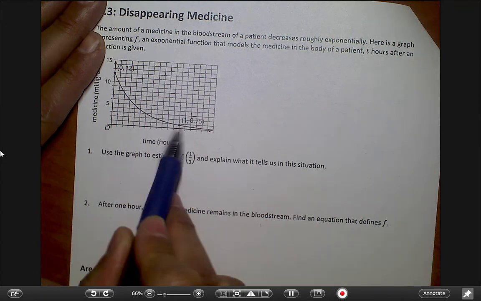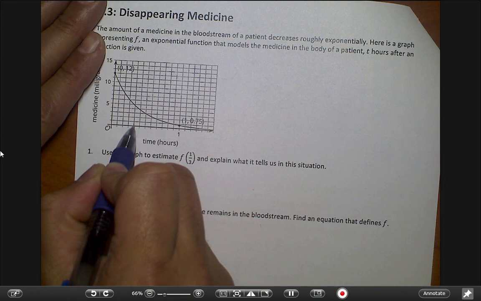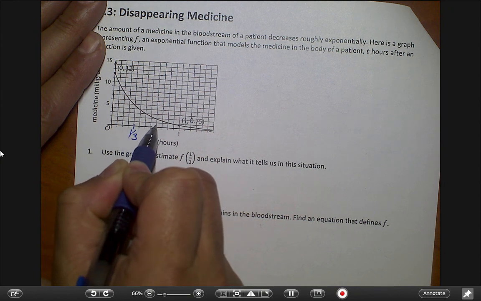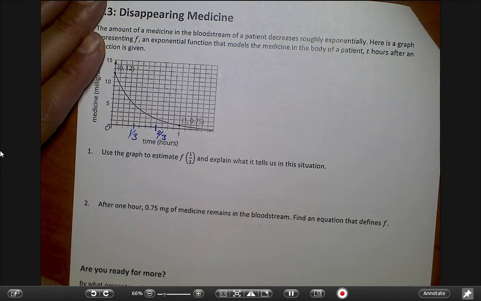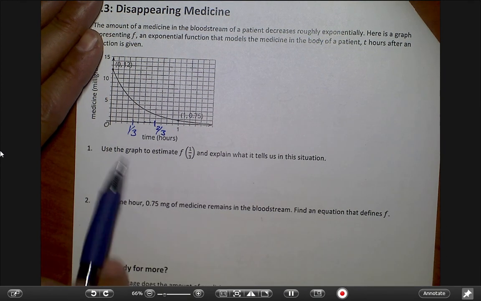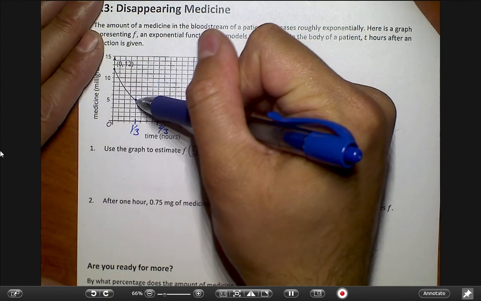So there's 12 marks here, so it's every 4. 1, 2, 3, 4. Here's my 1/3. 1, 2, 3, 4. Here's my 2/3. And 4 more gives me 3/3, which is 1. At 1/3, I'm going to take a look, and it's right about here.